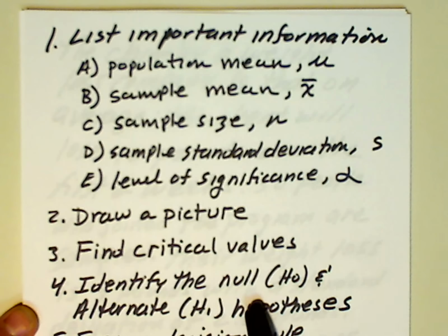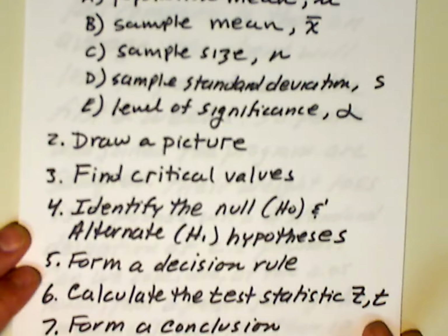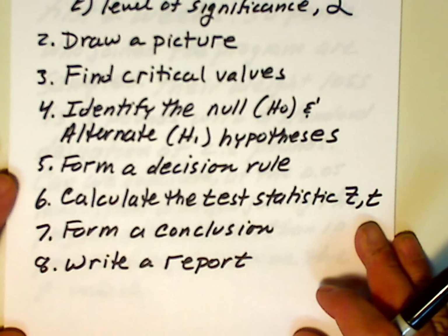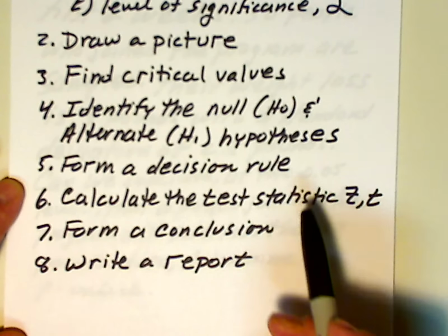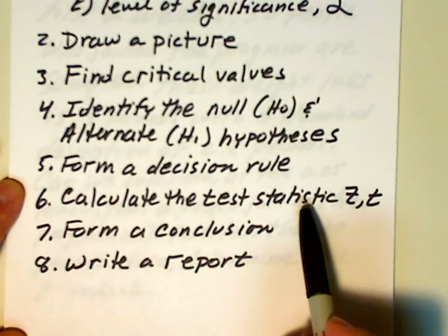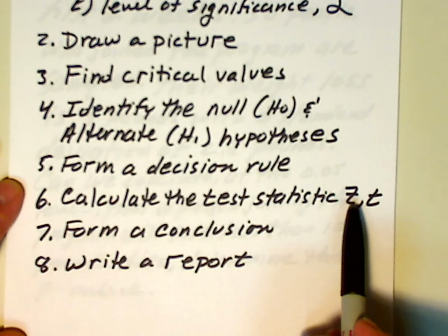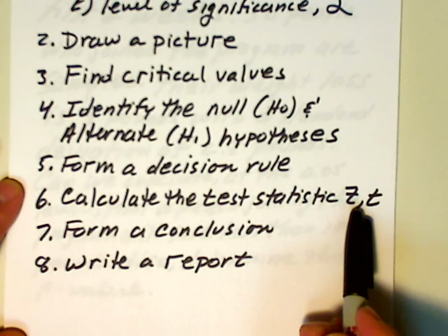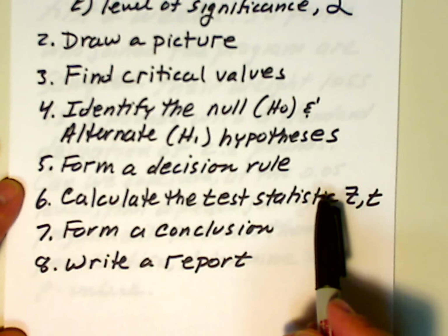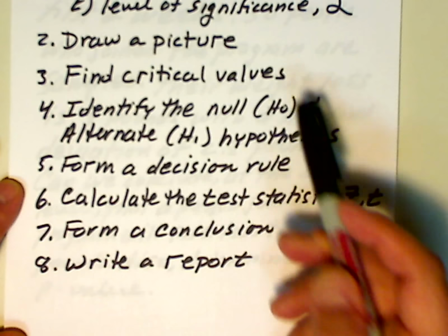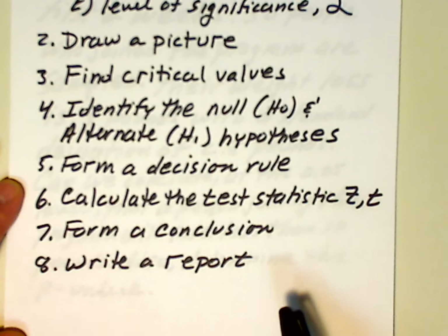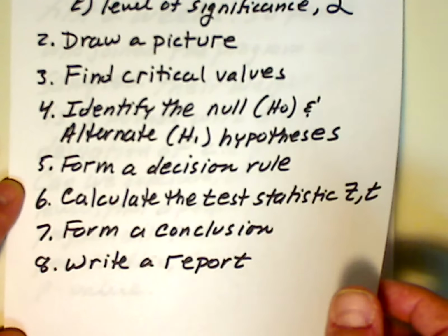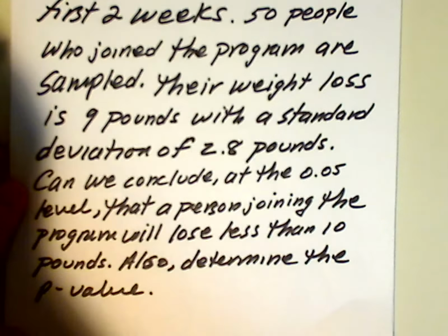We want to identify the null and alternate hypotheses, H sub 0 and H sub 1. We want to form a decision rule. Then we're going to calculate the test statistic, which is z or t, and then we're going to form a conclusion based on what the value of z or t is relative to the critical values that we determined earlier. And then we're going to write up what our conclusions are.